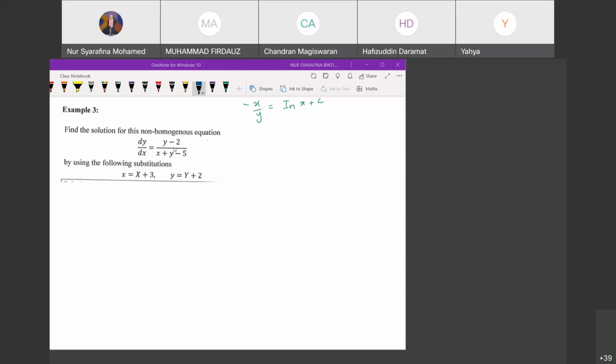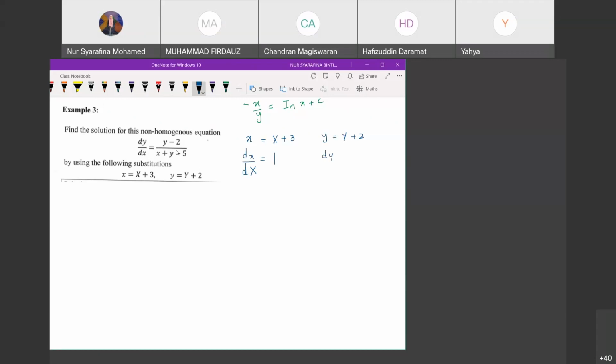Okay, find the solution of this non-homogeneous equation by using the following substitution. As you can see, you are given the substitution of x equals to X plus 3 and y equals to Y plus 2. Okay, so from here, if you differentiate this x with respect to the big X there, you will obtain what? 1.